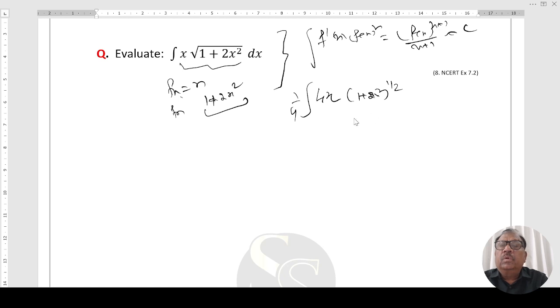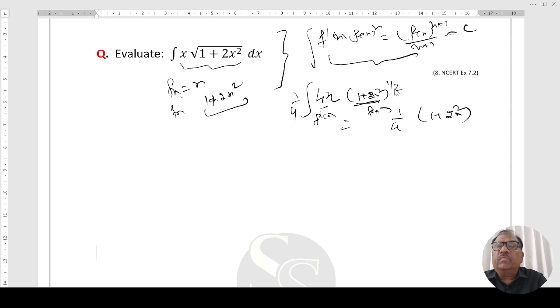Now we can apply this formula directly. Differentiation of this is f dash x, this is fx, right? So answer will be 1 by 4 into 1 plus 2x square की पावर 3 by 2 upon 3 by 2. Simplify कर लीजिए.